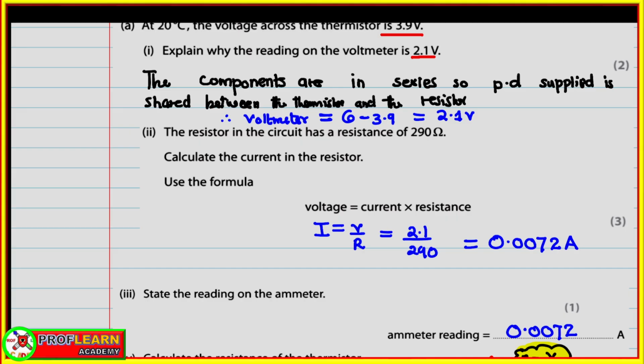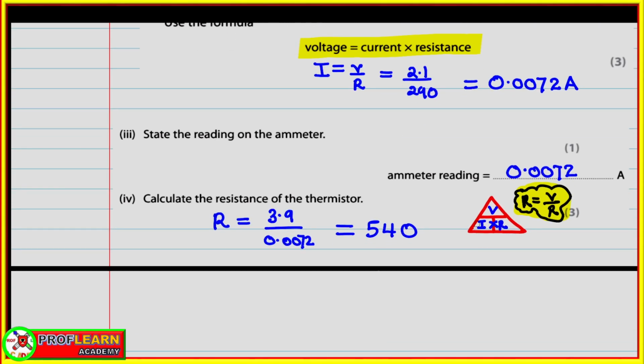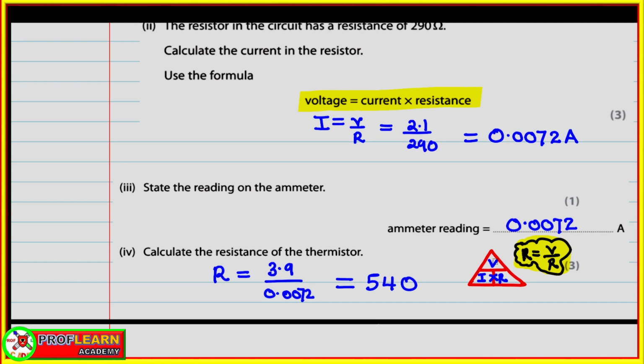In the event that you are asked to work out current, you are going to use this formula here. And remember that the triangle formula for that is V equals I R. So if you are finding current, it is voltage over resistance, which we are going to use at that particular point.